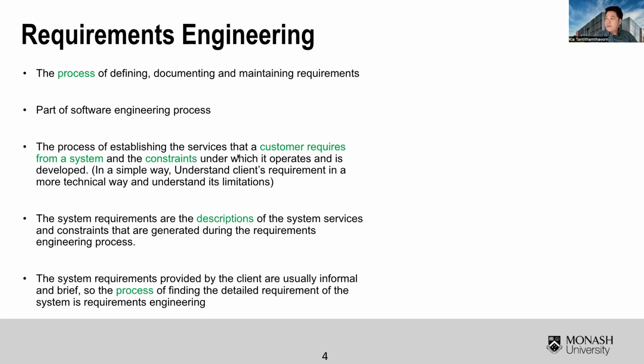As part of the software development life cycle, we normally start from requirement engineering. This is the most important first phase of the software development life cycle. Without gathering the requirement, it is unclear what we should develop. Requirement engineering is the process of establishing the services that a customer requires from a system.